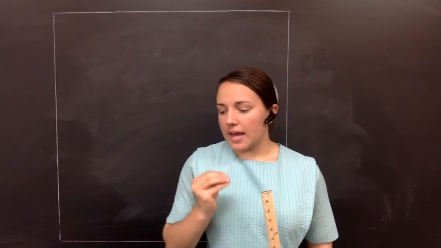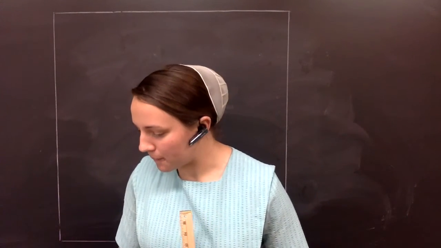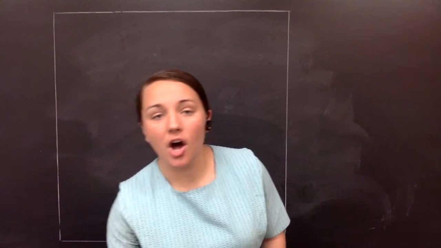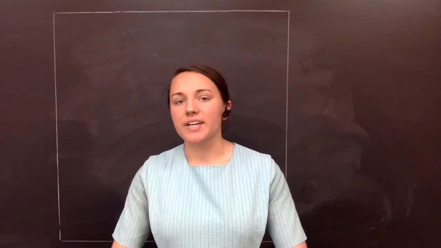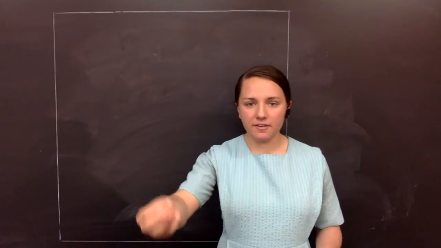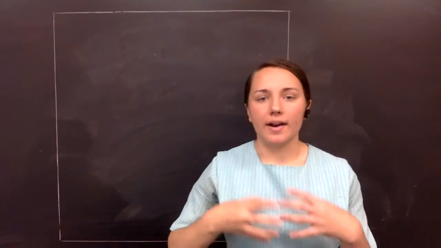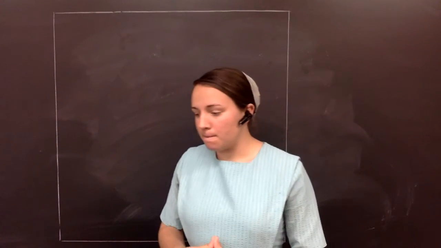Now, again, when we're measuring area, we count the squares inside of a shape. And we call that square units. So when we're giving the answer, we're giving our answer in square units. Eventually we will start saying square feet, square yards, square inches. For now we'll say square units.